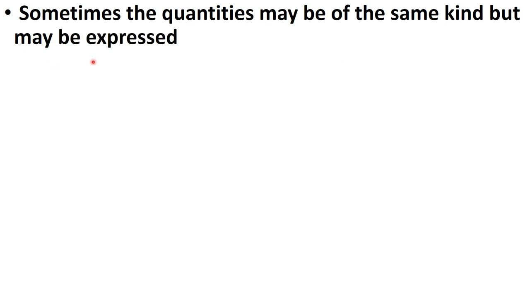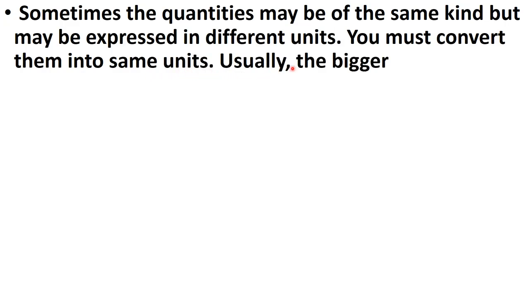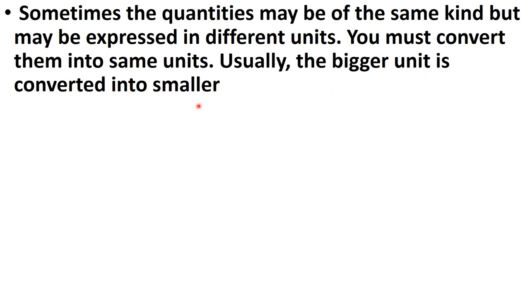Sometimes the quantities may be of the same kind but may be expressed in different units. It happens sometimes. You must convert them into the same units. Usually, the bigger unit is converted into the smaller unit.